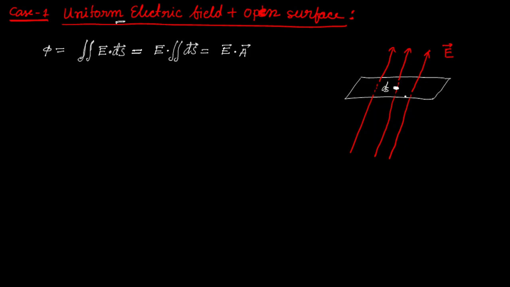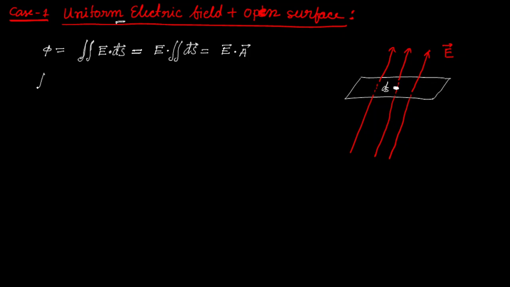So if you have an open surface plus a uniform electric field, then calculating the flux through this open surface is super easy. We simply take the dot product of the electric field and the total area vector of the given surface, and that will give us the total flux. Sometimes the examiner also asks for flux density for this type of question.